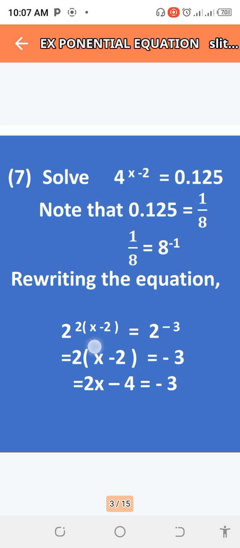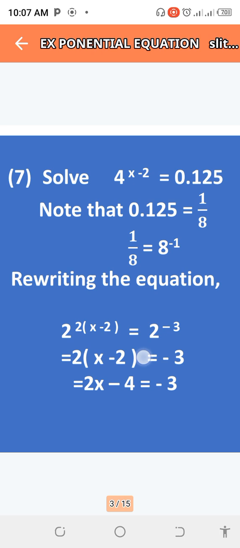And you know, when a power is raised to a power, we multiply. So we now have 2 exponent 2, bracket open and close, x minus 2 is equal to 2 exponent minus 3.